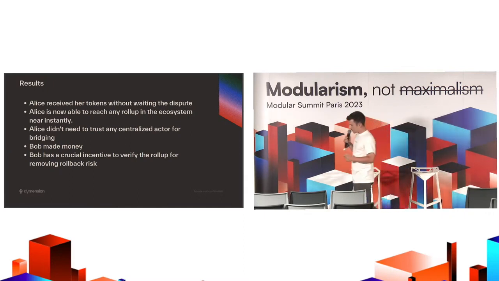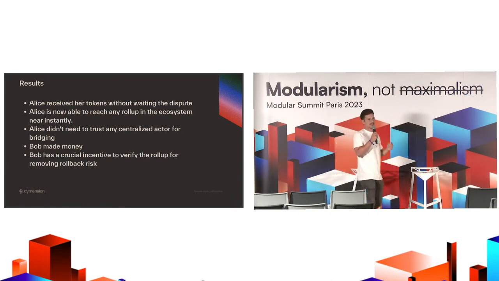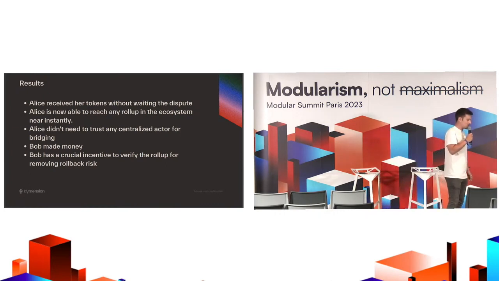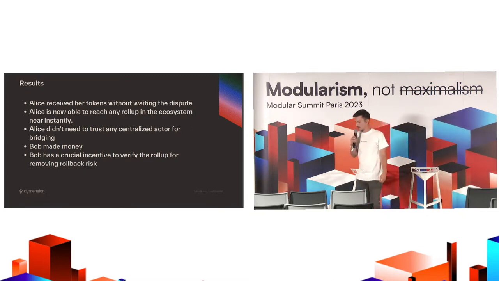But Bob, apart from making money, has a crucial incentive right now to verify the rollup. And this is what makes eIBC super special and super important and elegant, is that we kill two birds with one stone, and we allow the ecosystem to verify itself.